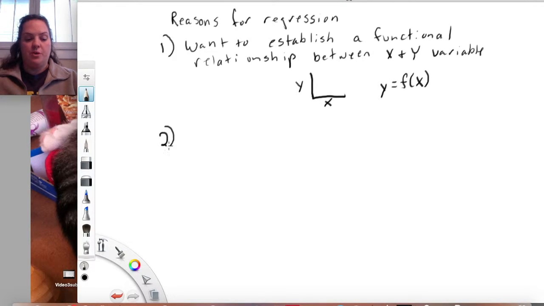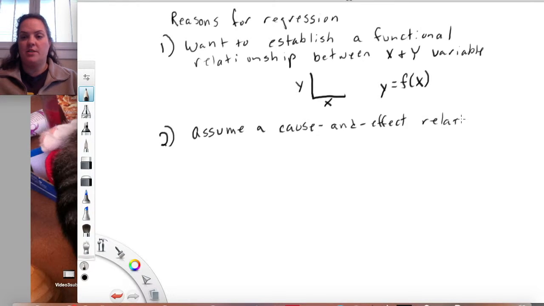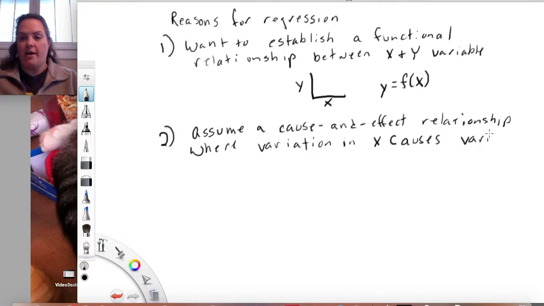A second reason for doing a regression is that we assume a cause and effect relationship where variation in x causes variation in y.